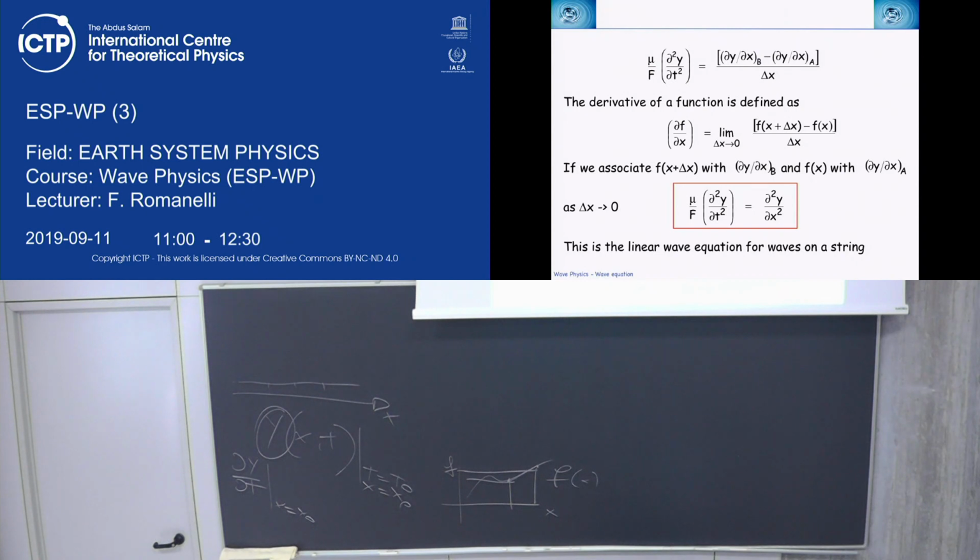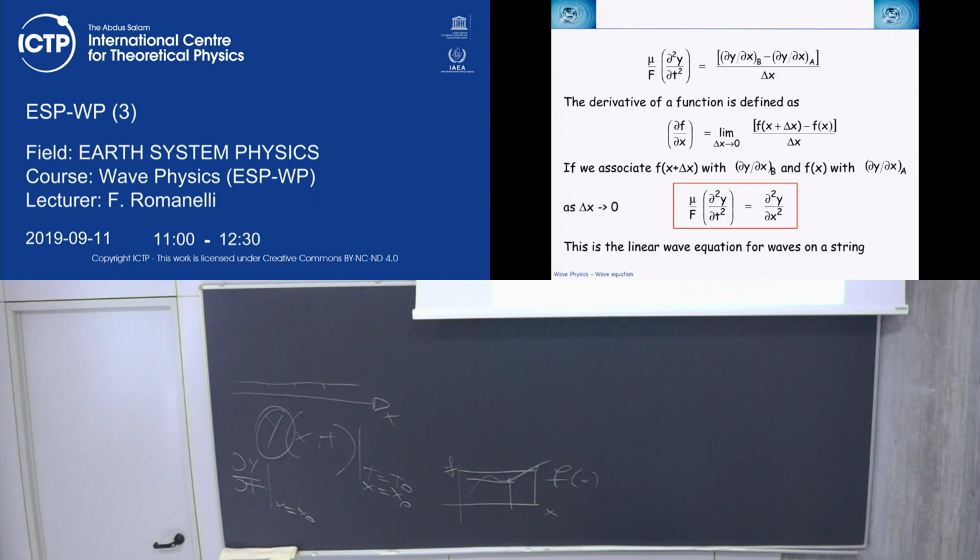Now let's give a look to units here. What are the units of y? Okay, because y is telling how far every point of a string is around its equilibrium. What are the units of x? Good. What are the units of t?